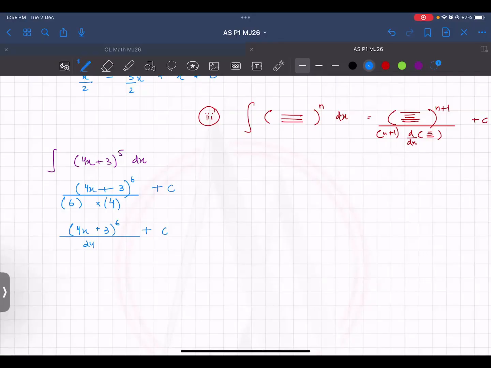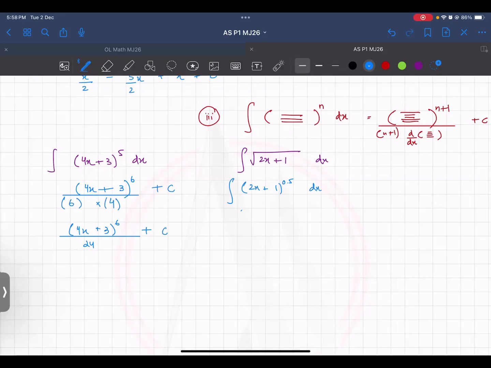This is the integral. Let's do another example. If you have, let's suppose, under square root 2x plus 1. First of all, the square root means power 0.5.